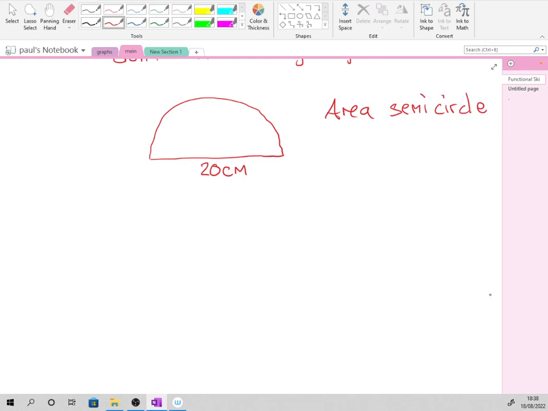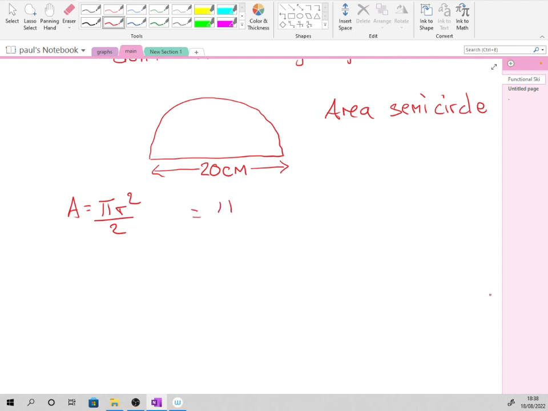Now, if the area of a circle is pi r squared, then the area of a semicircle is going to be half of that. So, divide by 2. Now, this here is the diameter of that semicircle. No, you don't have a diameter of a semicircle, do you? It's the diameter of the circle.